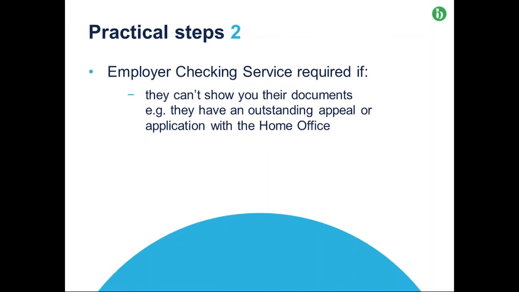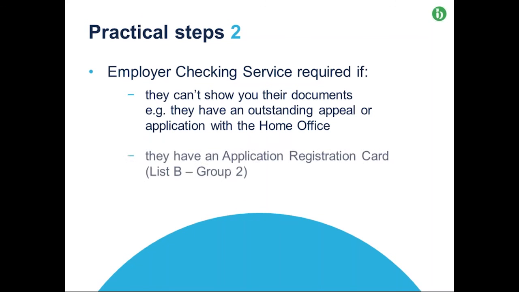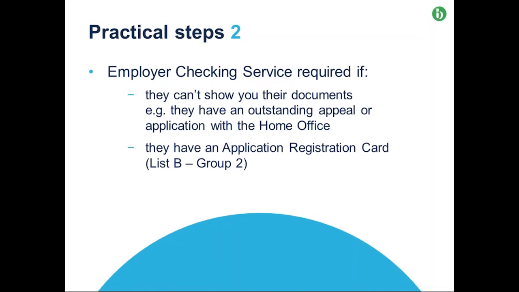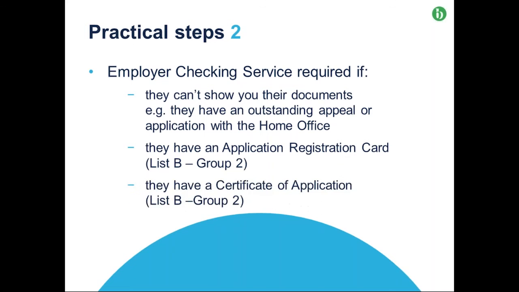For example, they've got an outstanding appeal or application with the Home Office, or they've given you an application registration card, which is a List B Group 2 document, or they've given you a certificate of application, again another List B Group 2 document. When you carry out this check, you should receive a positive verification notice. If you don't, then you should seek help in relation to that and further advice.